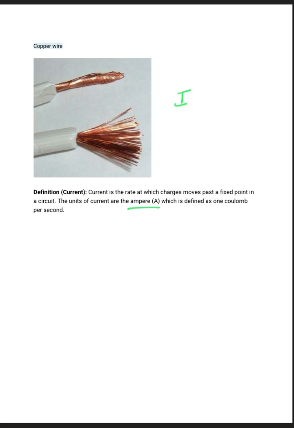It comes from this, where current I equals Q over delta t. The unit of current is amperes, so 1 ampere equals 1 coulomb over 1 second, which means that amperes is actually coulombs per second.